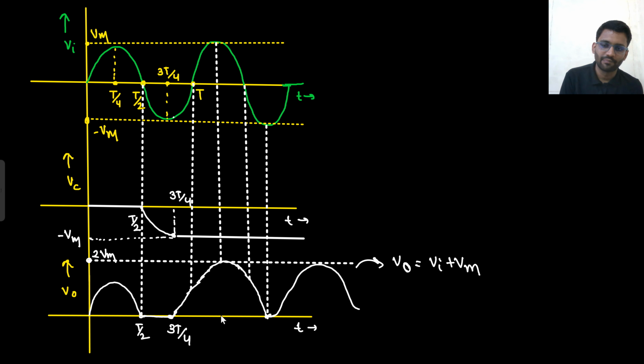This is 2 Vm. Well and good. This time is T plus T by 4. That would be 5T by 4. Right? It is correct only, right? T plus T by 4, 5T by 4. Yeah. So have you understood the complete analysis?